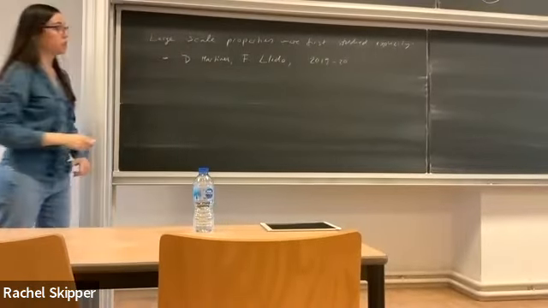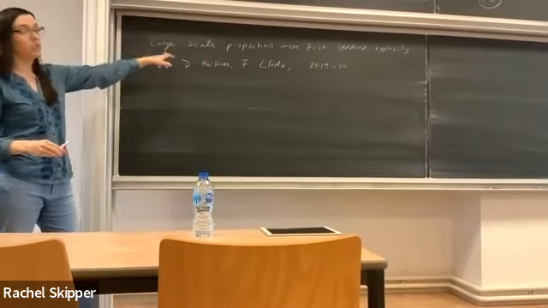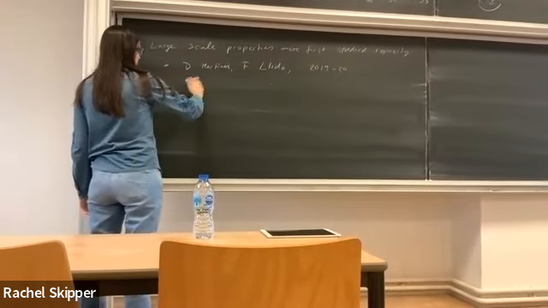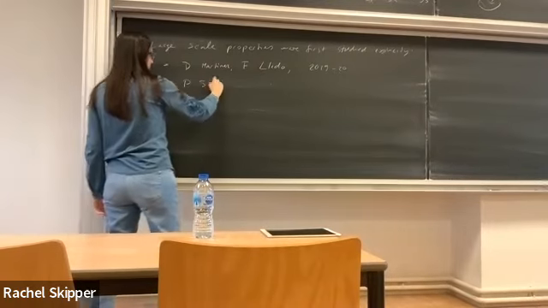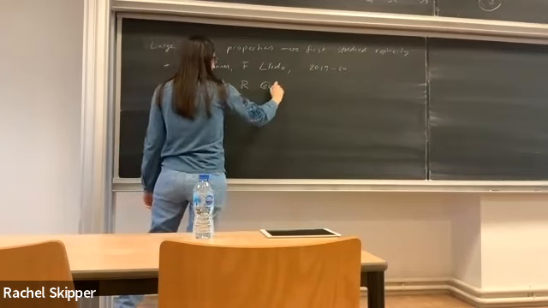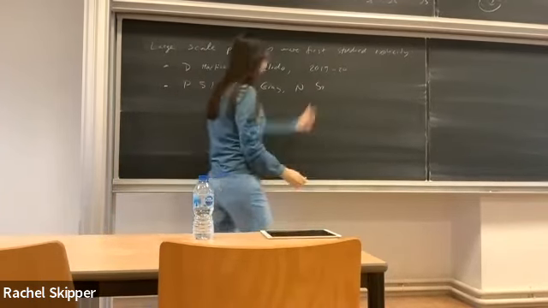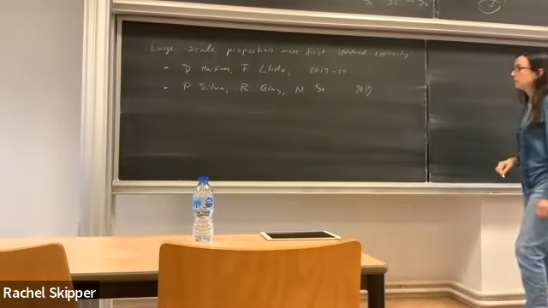They are both C-star algebraists, so they arrived at this question from a C-star algebraic motivation, which I will talk about later. It was also studied independently by Pedro Silva, Bob Gray, and myself, at around the same time, I think 2019.